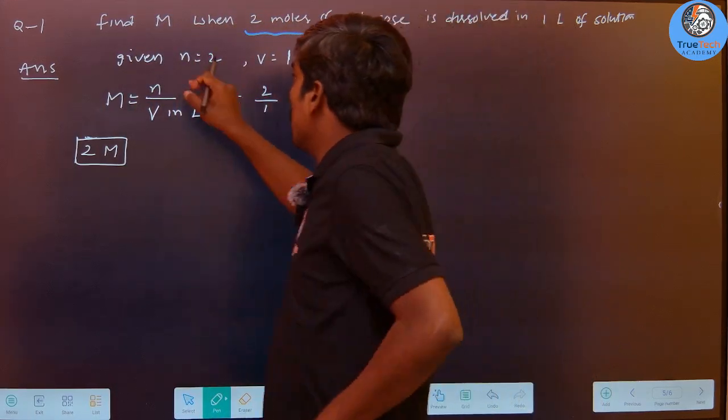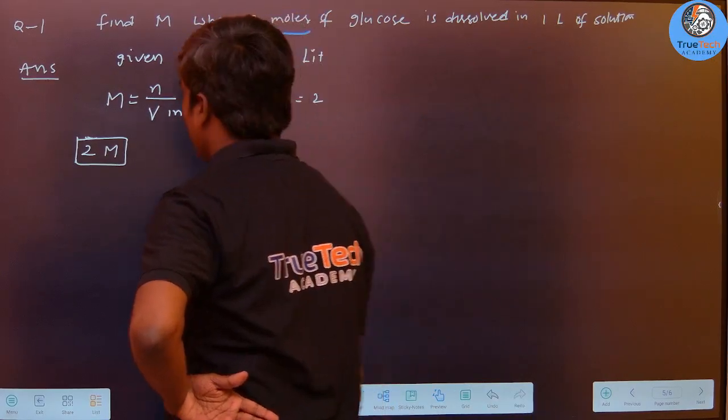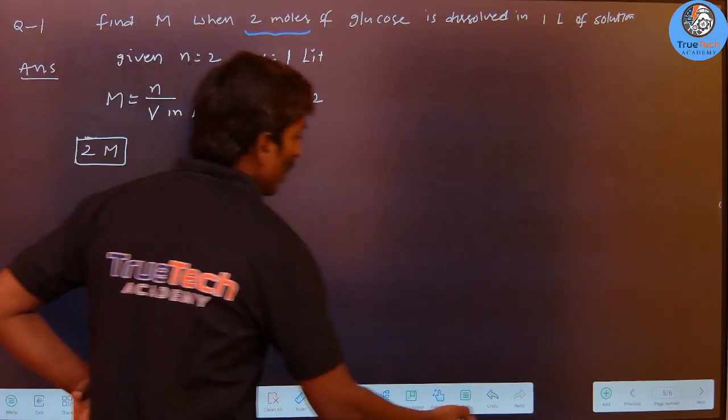If the given terms are moles, like this. For example, we are having different terms.